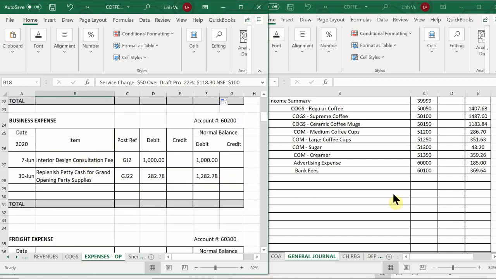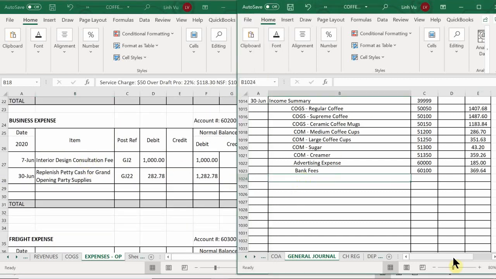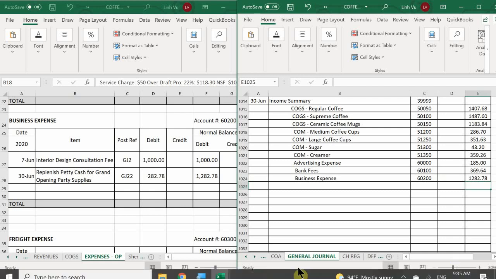Next account we have here is your business expenses. Okay. Account number 6200. And for what amount am I going to credit my business expense? 1282.78.